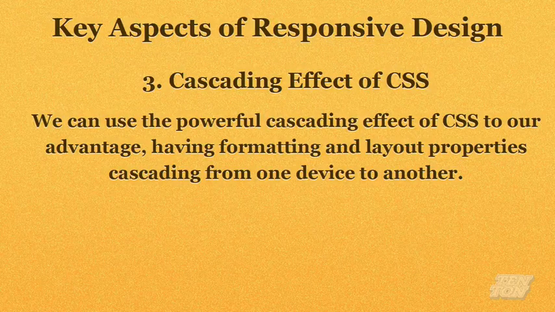So there's the three key aspects of responsive design: flexible widths, CSS3 media queries, and the cascading effect of CSS. These three components are going to help us build efficient, responsive layouts. And as I mentioned just a moment ago, you're going to see exactly how to use all three of these components together in just a little while.